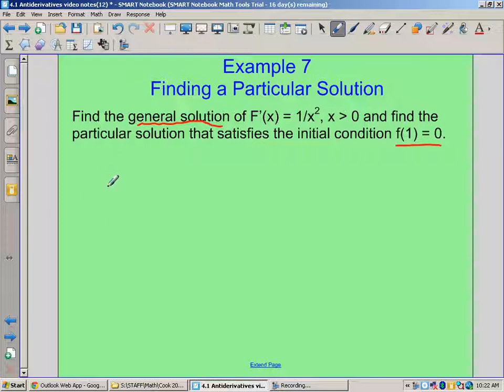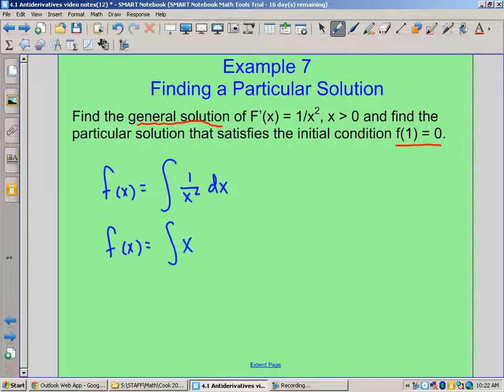So if I want f of x, well, f of x comes about the antidifferentiation of the original function, so I get something like this. Then I'm probably going to rewrite this, just to make it easier on myself.